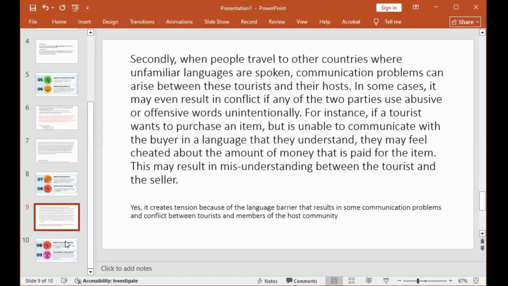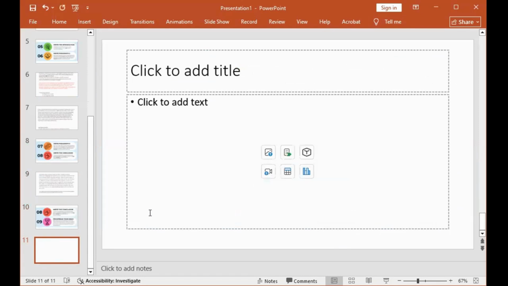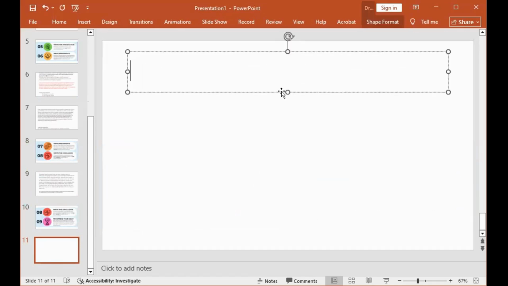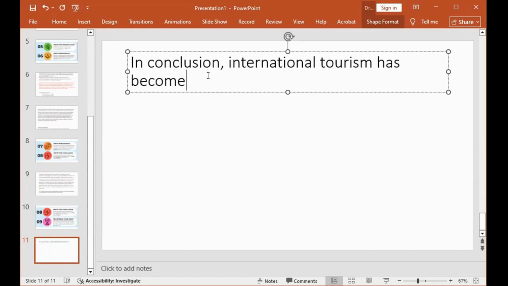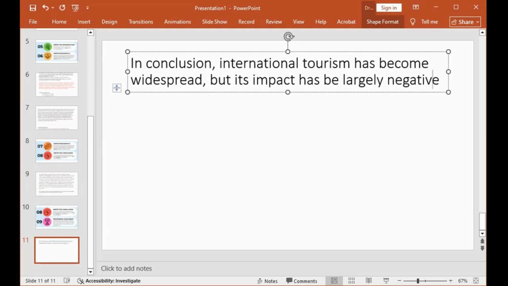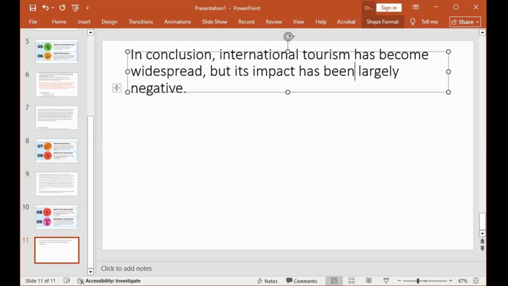In conclusion, international tourism, though popular, has become widespread, but its impact has been largely negative.